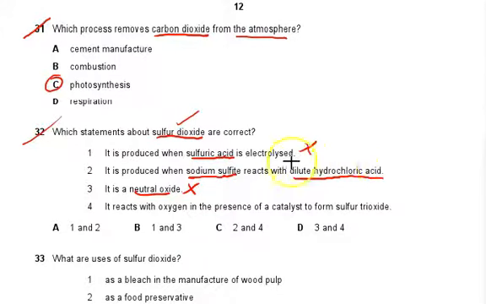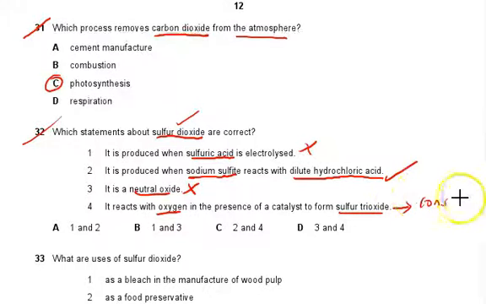Yes, this is correct. It reacts with oxygen in the presence of a catalyst to form sulfur trioxide. This is during the contact process. So only 2 and 3 are correct. So your answer here will be C.